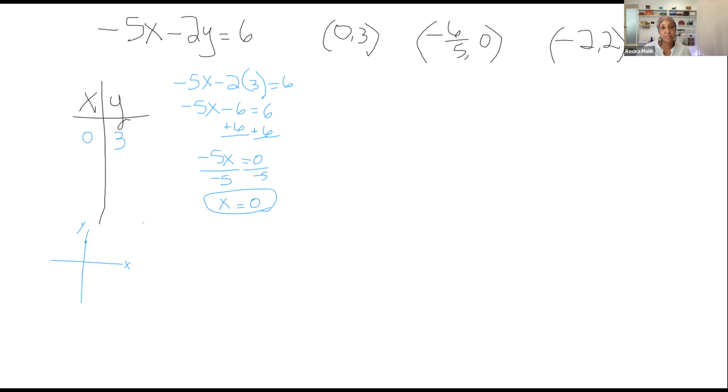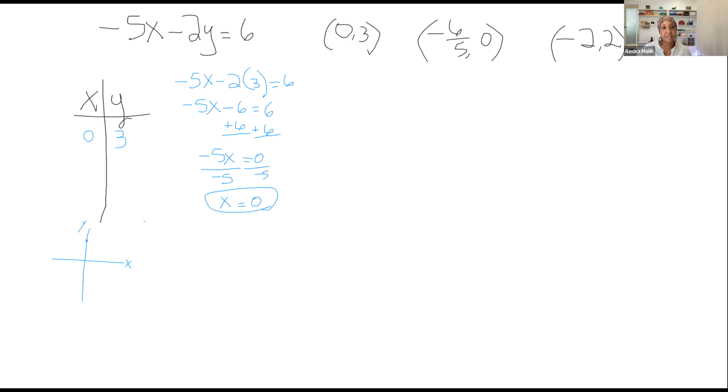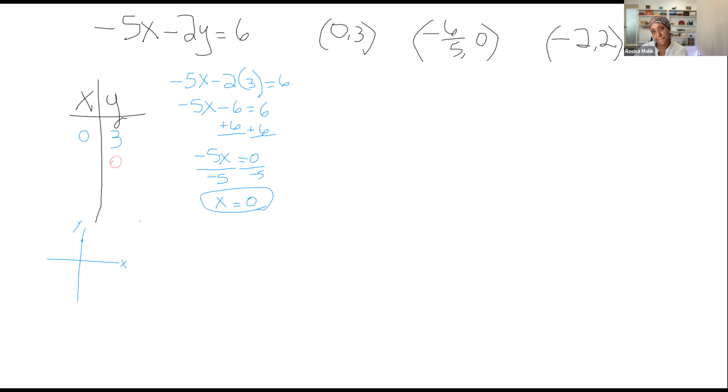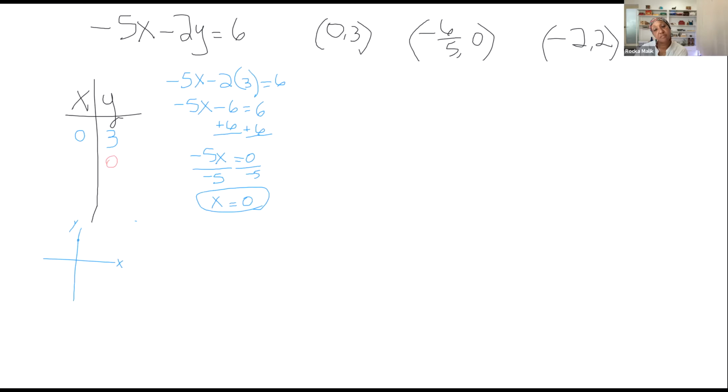Okay, so the next point is negative 6/5, 0. I'm gonna plug in y for 0. I'm gonna plug in y, and that means my x stays the same.